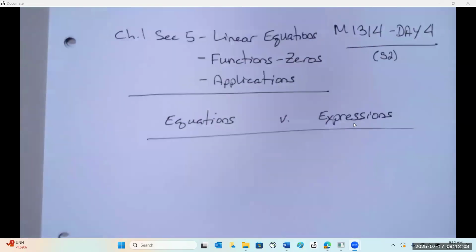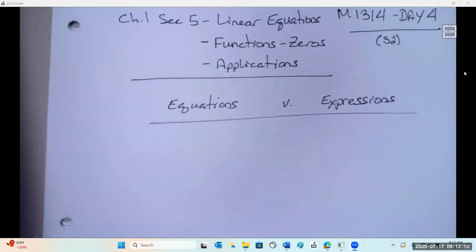What's the difference between expressions versus equations? You've heard them both before, and you can be asked these on any question in a math problem.